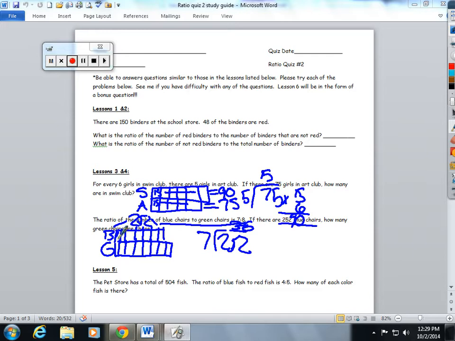So you put 36 in each box. And then you do 36 times 8. And you end with a total of 288 green chairs.